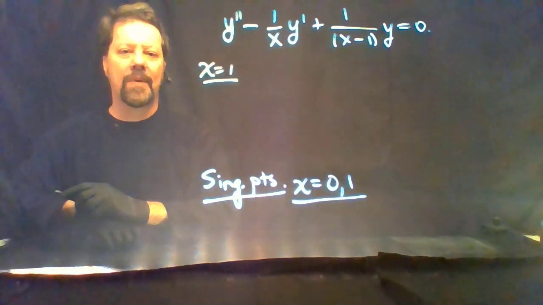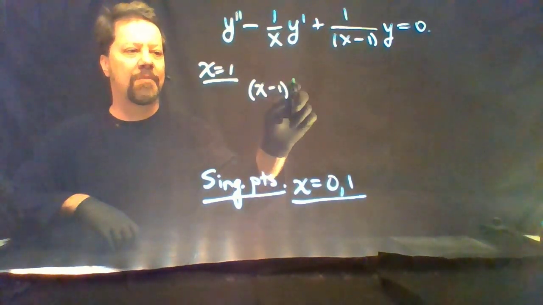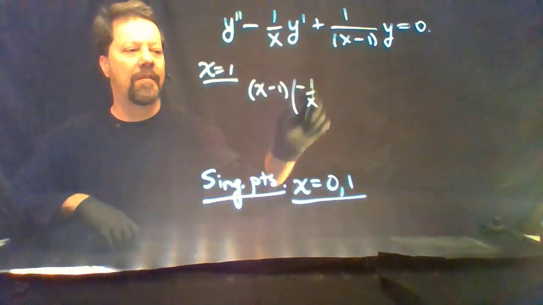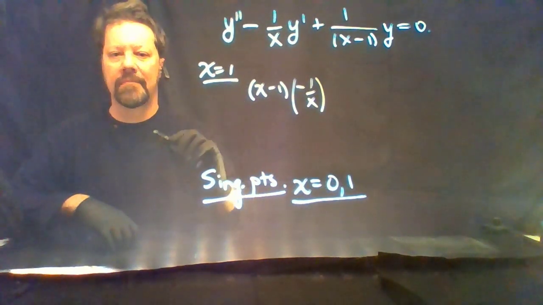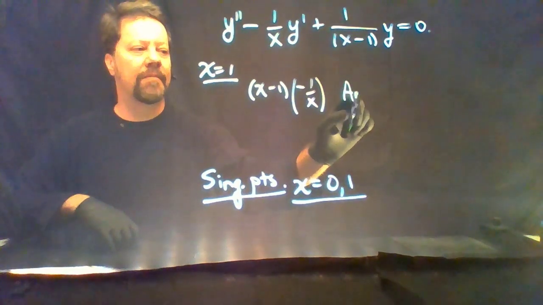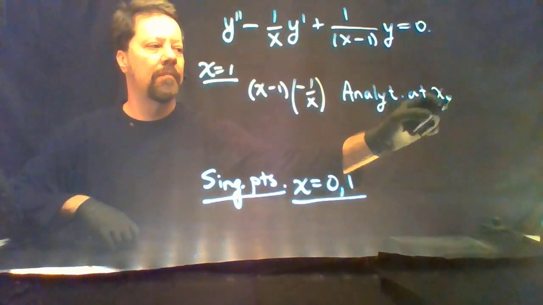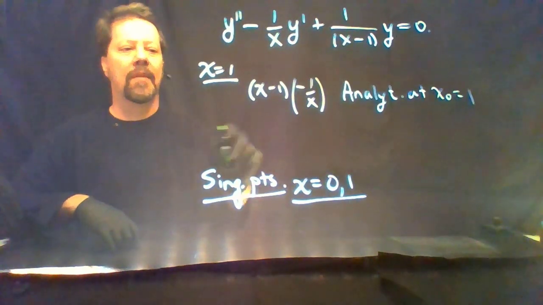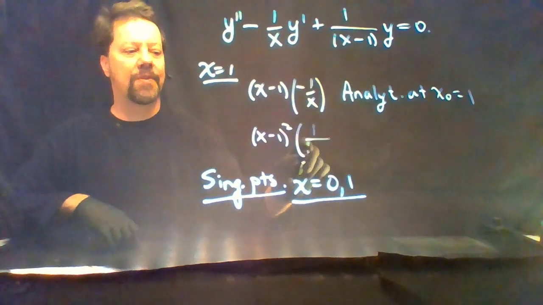For x = 1, we multiply (x − 1) times p(x). This has a singularity at 0, but not at 1. So this is analytic at 1. We also have to multiply (x − 1)² times q(x).